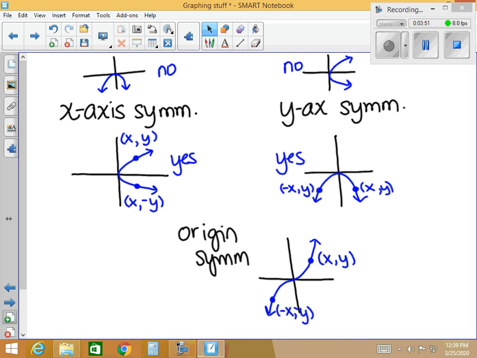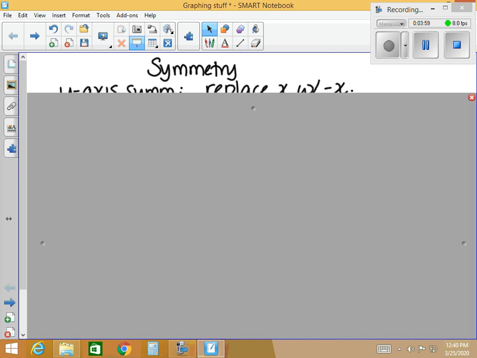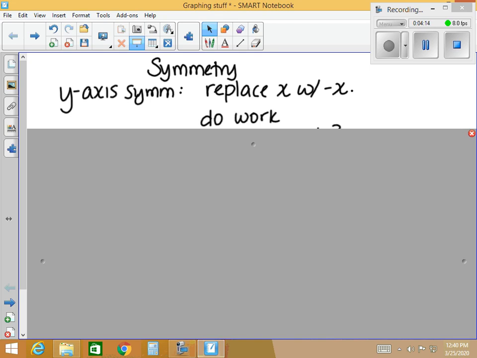So algebraically, when we're trying to determine whether a graph has a certain type of symmetry, I started at the board with y-axis symmetry in class, and I probably had the other stuff on the whiteboard. If a graph is going to have y-axis symmetry, or if we're checking to see whether it does, every place there's an x in the function, in the equation, in the relation, we're going to replace it with negative x.